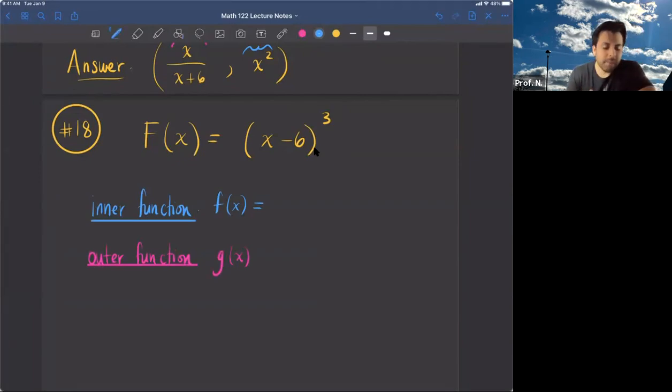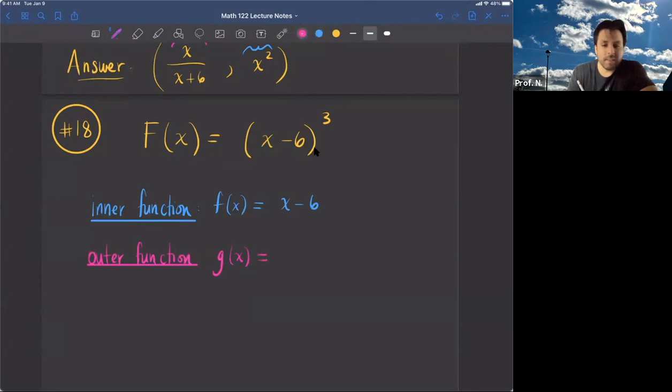Hopefully this should not take too long, because the inner function, as I've mentioned, is the expression inside the parentheses or inside the radical. So it lends itself to say that the inner function would be x minus 6. Usually finding the inner function is the easier part, and the outer function may or may not be the easier part.